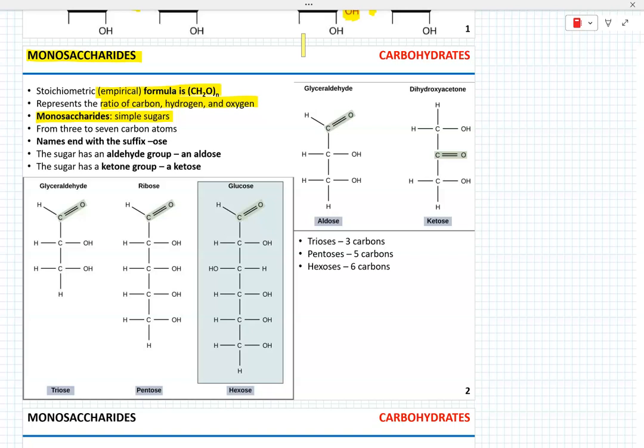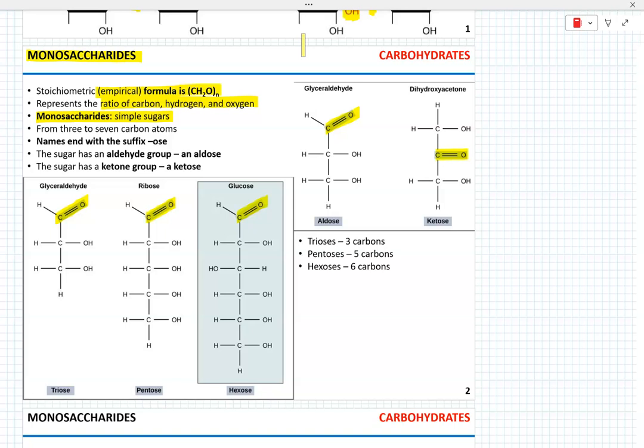Monosaccharides can have anywhere from 3 to 7 carbon atoms, and their names end with the suffix -ose. Depending on the position of the carbonyl group, highlighted in this image in green, monosaccharides can be aldoses and ketoses.